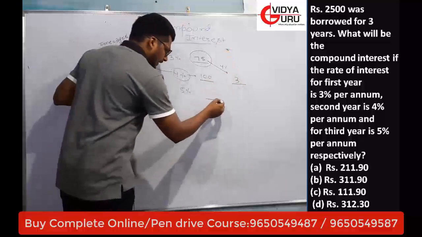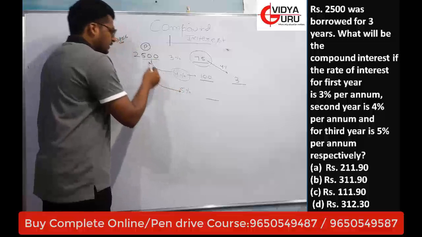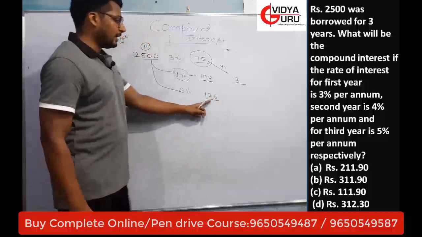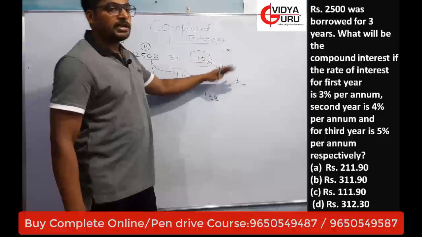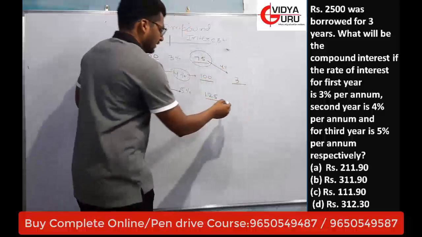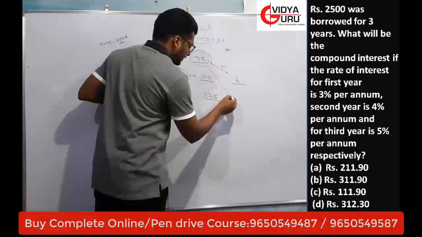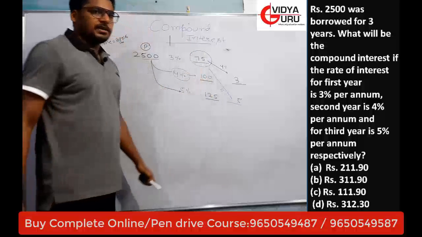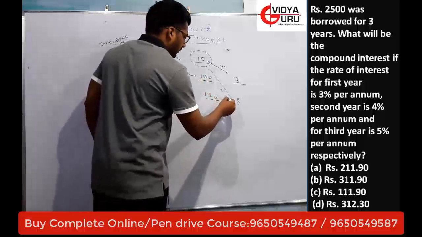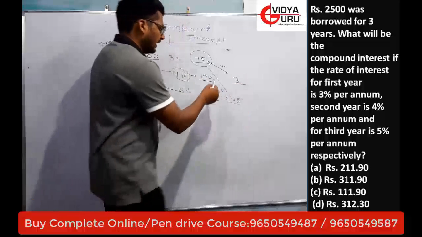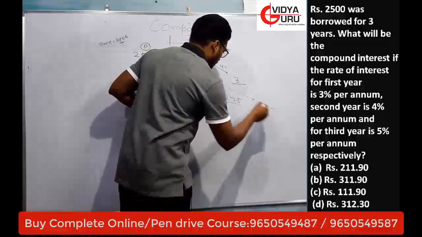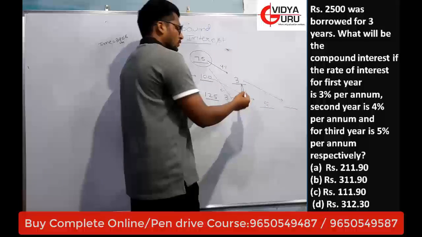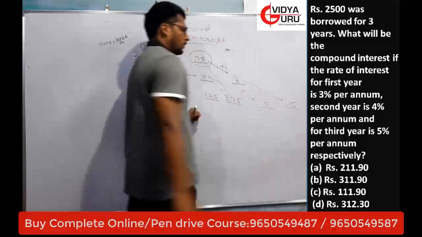For the third year, the rate is 5%. On 2500, 5% will be 125. And I will get interest on every interest which I have received in previous years. That means I will get 5% on this. 75's 5% will be 3.75. We will get interest on this also. Its 5% will be 5, and we will get 5% interest on this also. Its 5% will be 0.15.